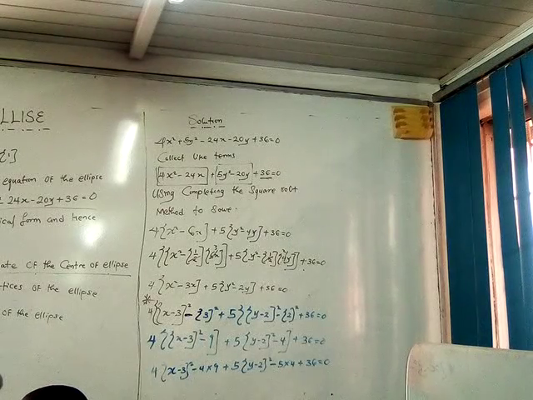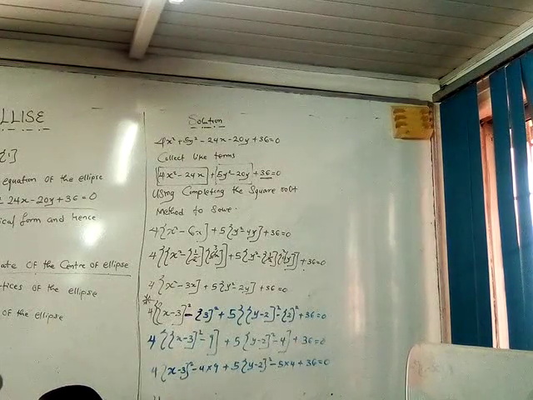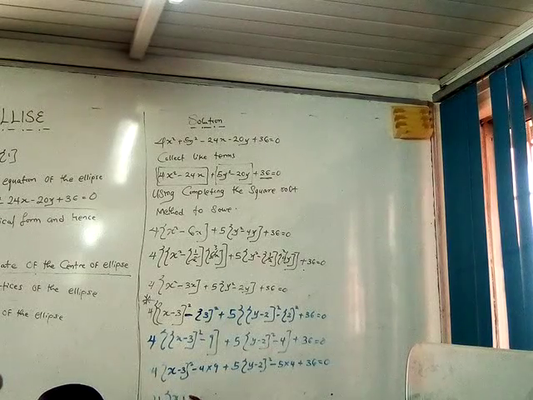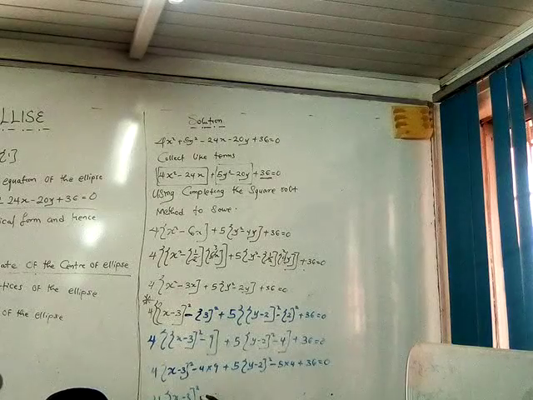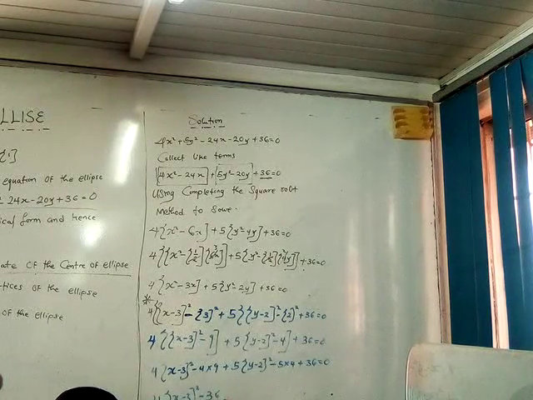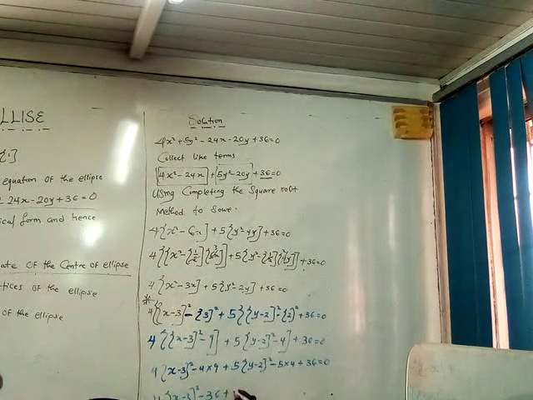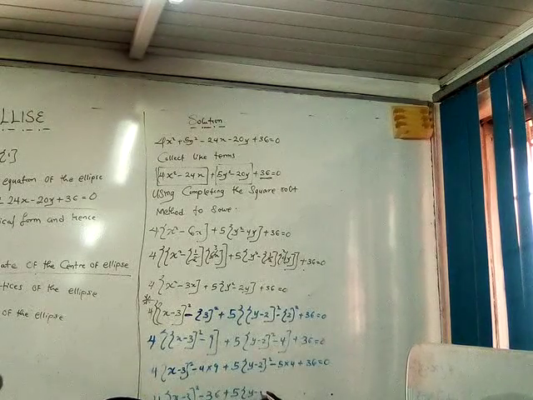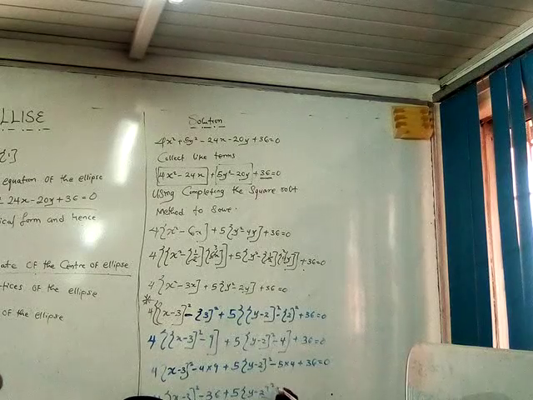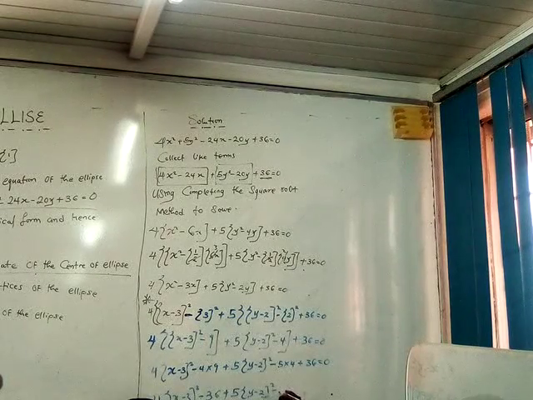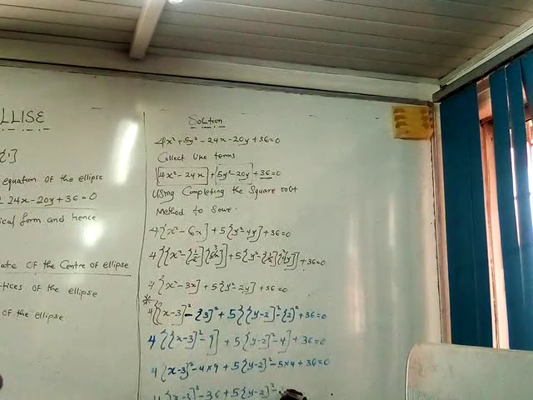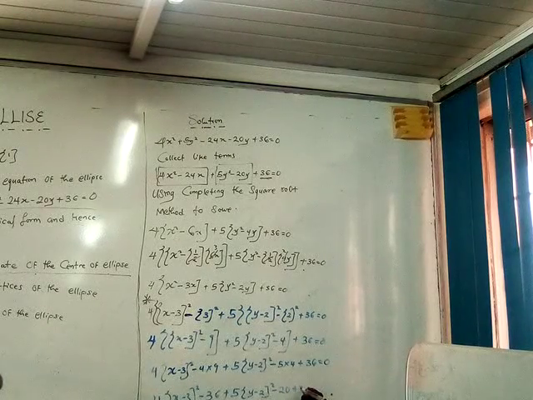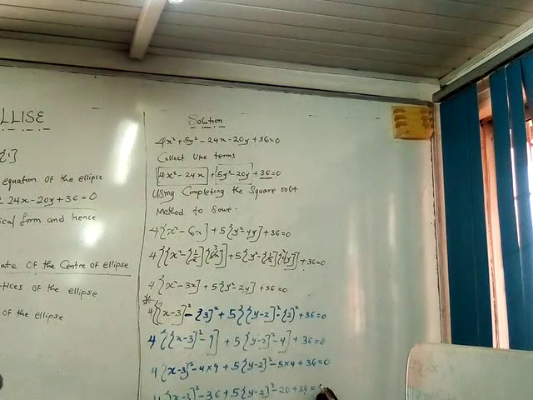Then we move further. So we are going to have 4 open bracket x minus 3 raised to power 2 minus 36 plus 5 open bracket y minus 2 raised to power 2 minus 20 plus 36 equals to 0.